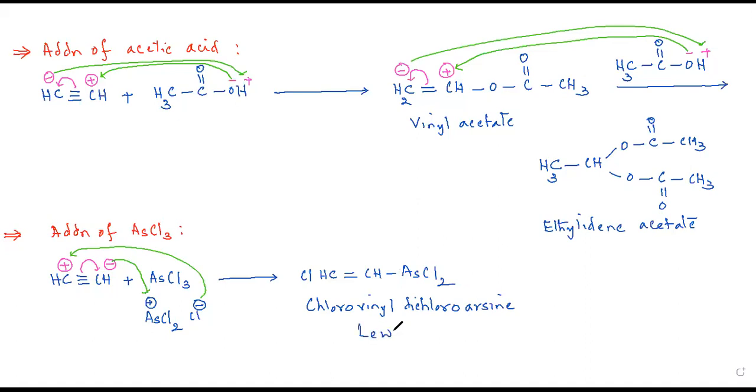You know, chlorovinyl dichloroarsine is famously known as lewisite. Lewisite is also a poisonous gas, just like our mustard gas. You know, it is 4 times more poisonous than mustard gas.